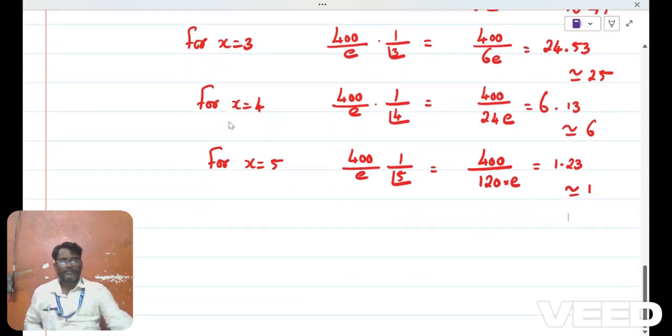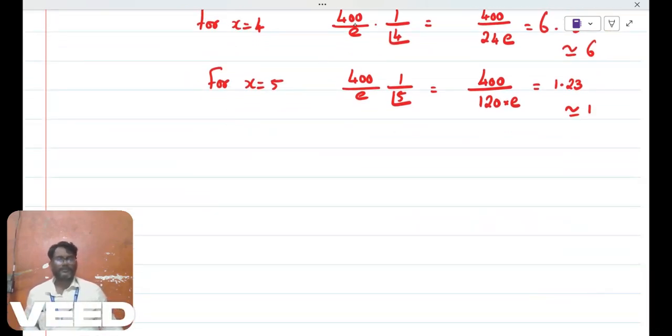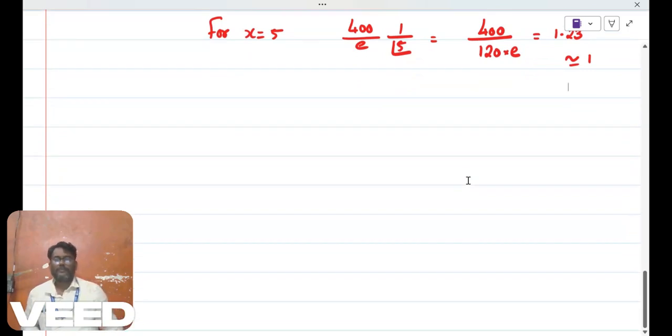So now the distribution is x equal to 0, 1, 2, 3, 4, 5.